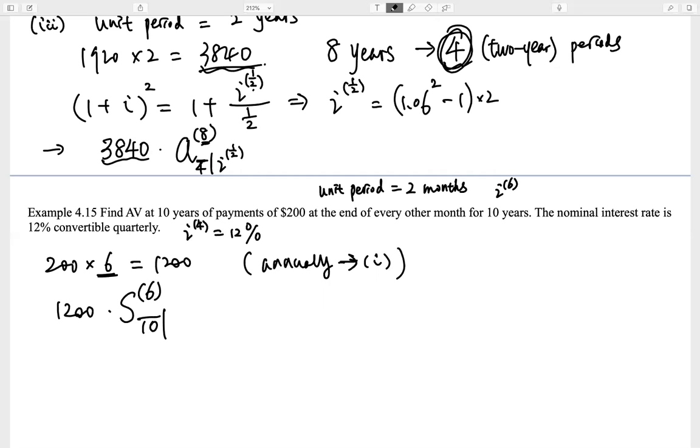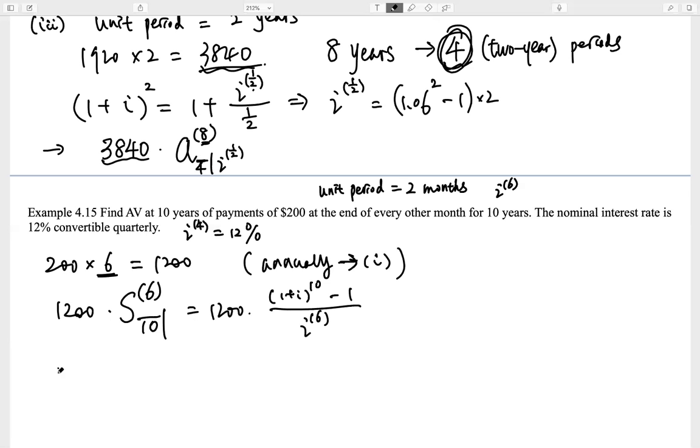Here I should put the effective interest rate, but since there's only one frequency we pick here, we don't need to write it if you don't like. We already know this is 1 plus I to the number of years, 10, minus 1, divided by I of the corresponding frequency, which is I upper 6. So now we just need to figure out how to compute I6.